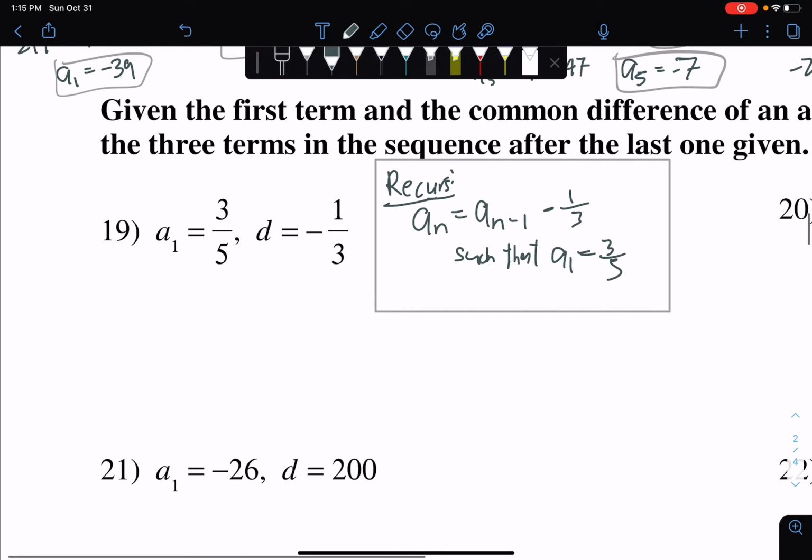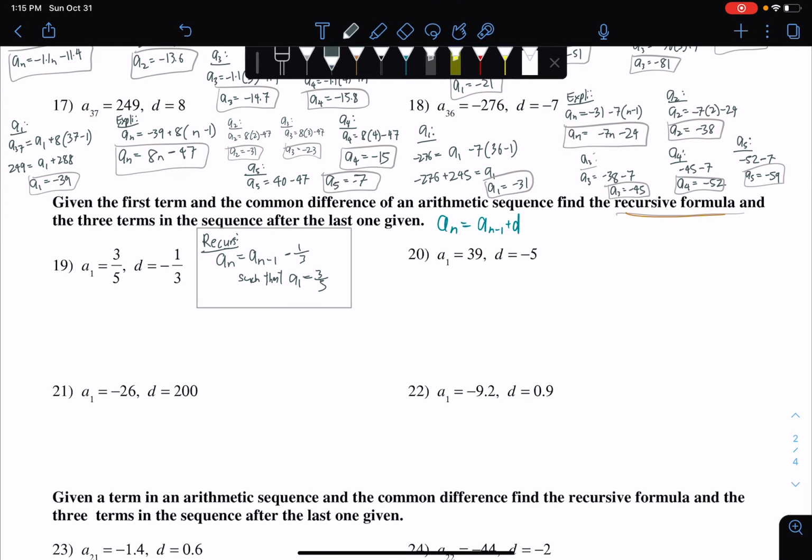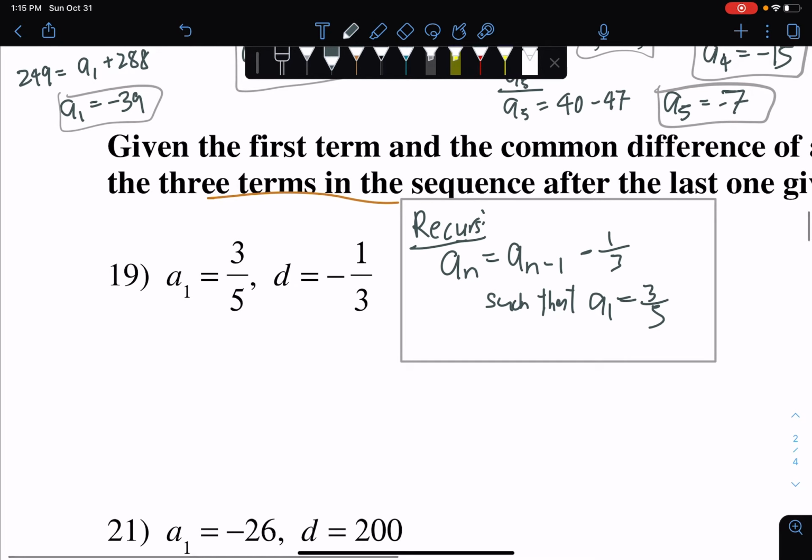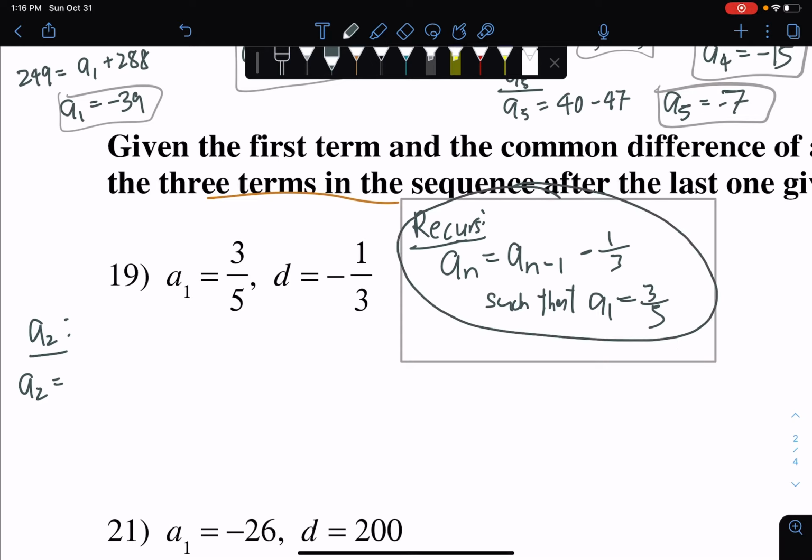Okay, so after that, we're asked to find the three terms in the sequence after the last one given. The three terms, a sub 2. Let's find a sub 2. Though there is already the recursive formula, I still advise that we use the explicit formula.